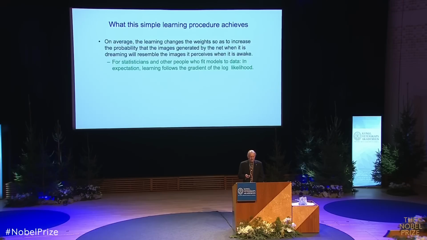So, on average, that learning algorithm changes the weights so as to increase the probability that the images the network generates when it's dreaming will look like the images it sees when it's perceiving. And not for the general audience, so you mustn't read this next two lines. For statisticians and machine learning people, what that algorithm is doing is, in expectation, that means it's doing it very noisily and often does the wrong thing, but on average, in expectation, it follows the gradient of the log likelihood.